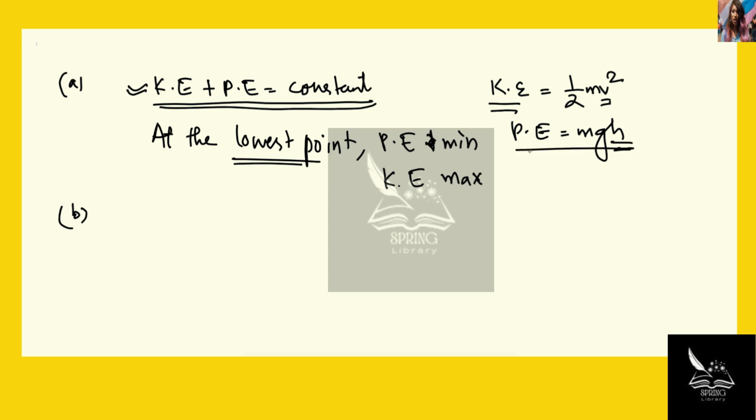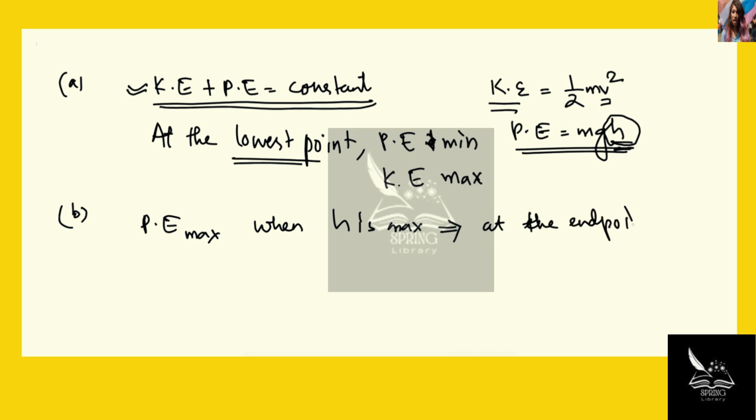Now, as I wrote this equation, potential energy depends on the height from the ground. So whenever height increases, potential energy increases. So potential energy will be maximum when H is maximum, and that is when the ball is at the end points of the path of the pendulum.